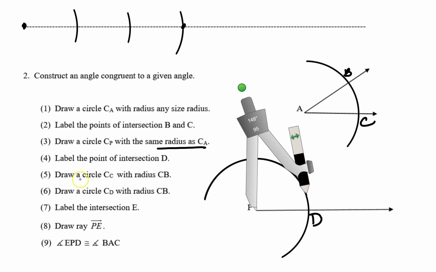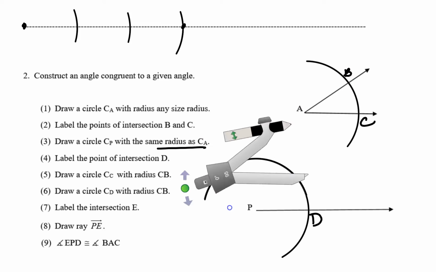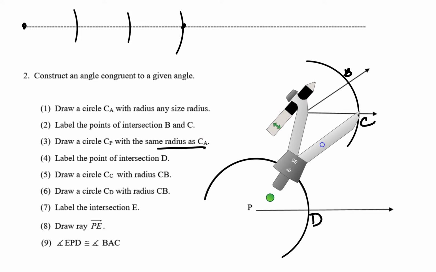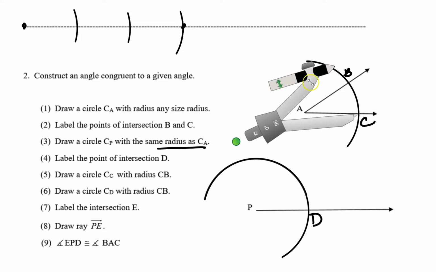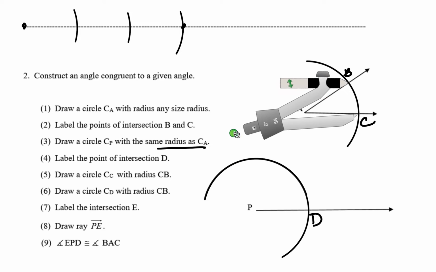And then I'm going to go back up to point C here and construct a circle with the radius CB. Okay, so let me just twirl this a little bit. Okay, so there we are.